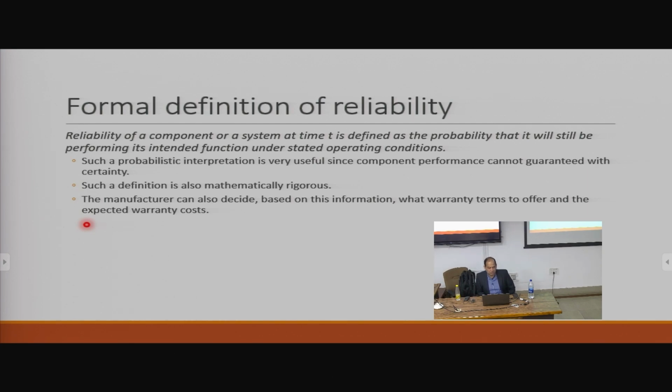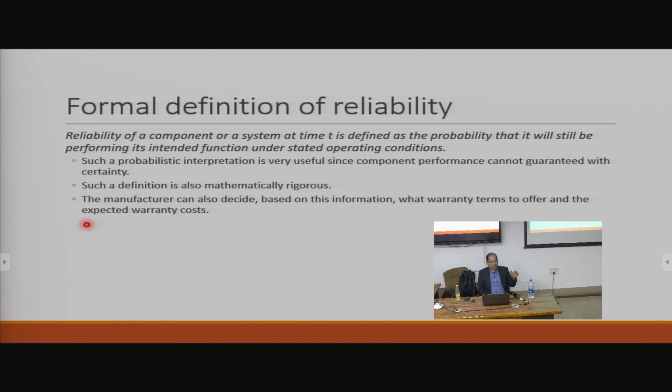Such a definition is also mathematically rigorous. And once you have something like this, you can start making decisions. You can define warranty terms. You can do decision analysis. If you remember, one of the major reasons we do utility functions is so you can capture preferences under risk, right?